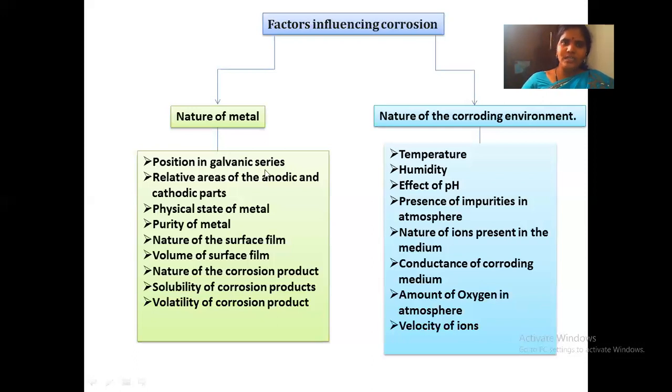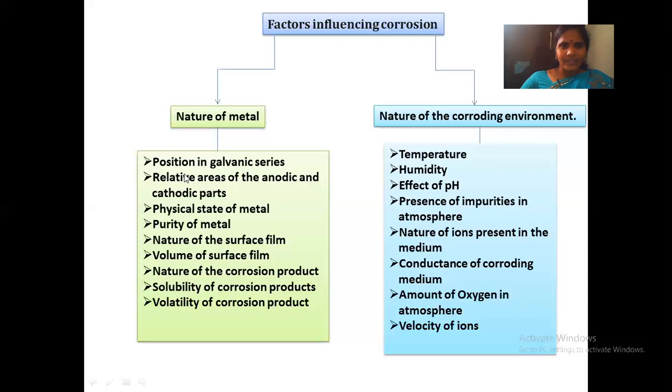So the position in the series will affect the corrosion. The two metals should be nearby each other so that the potential difference is less, and then we can somehow control the corrosion. We can't say we can avoid it, but we can control the corrosion of that particular metal.